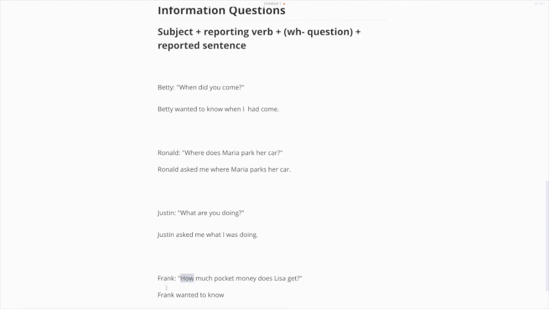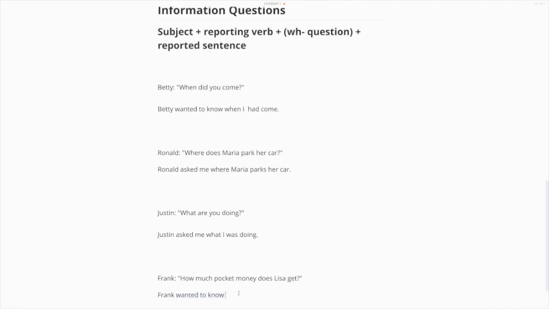So we already have halfway through. We have the subject Frank. Wanted to know is the reporting verb or reporting phrase. In this case, remember, wanted to know is the same as asked. So Frank wanted to know.